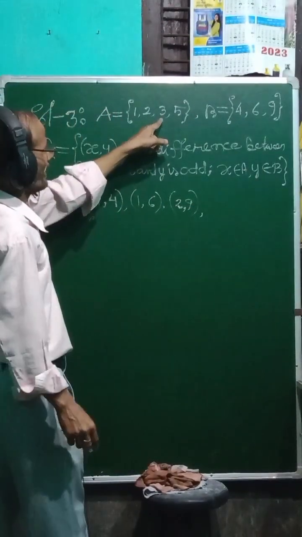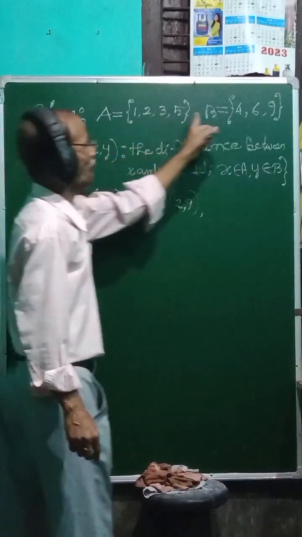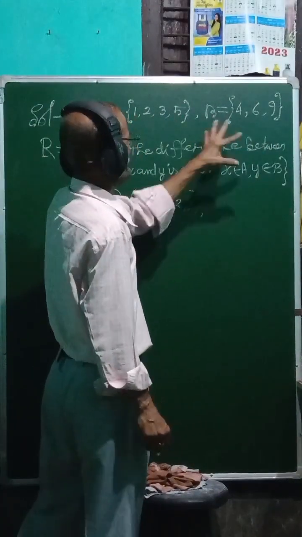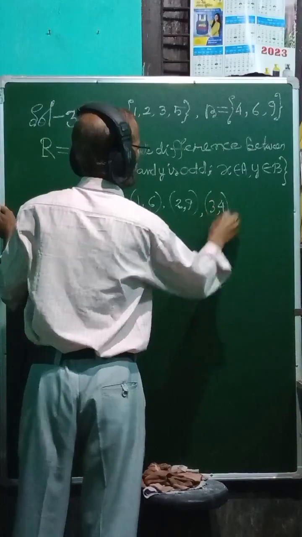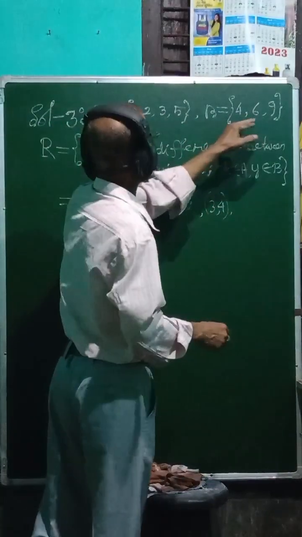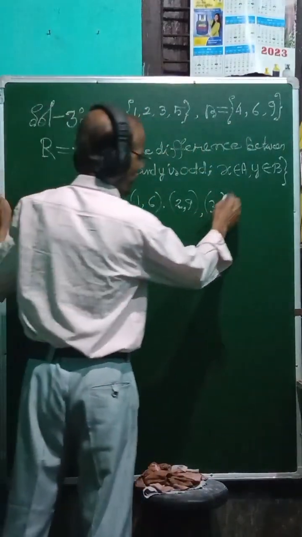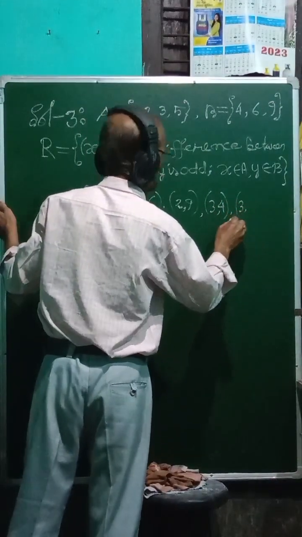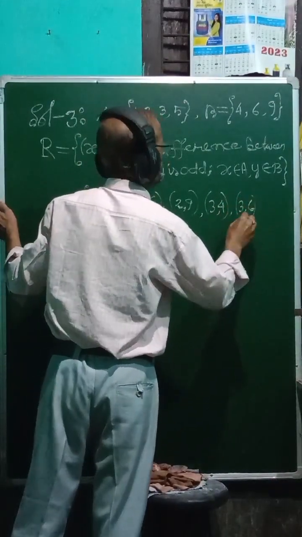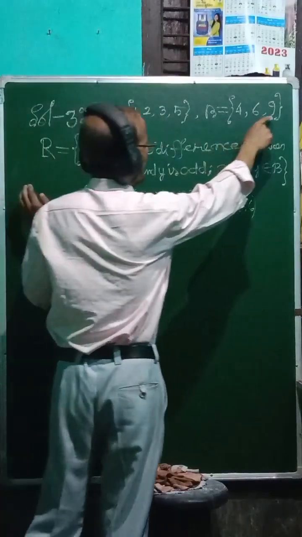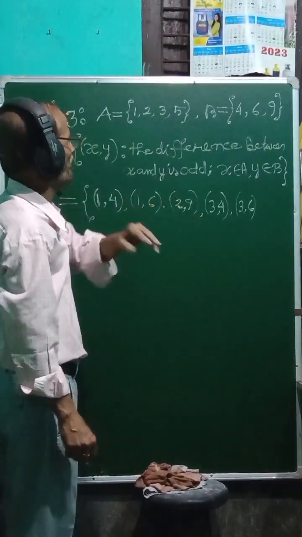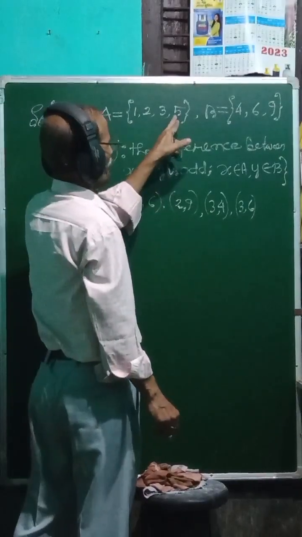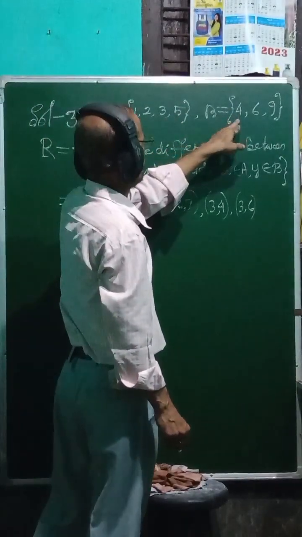Then come to 3. Compare these 3 with all of them. 3, 4, difference 1. So 3, 4 I can take. And then 3, 6, again difference is 3, odd number. So 3, 6. And then 3 minus 9 will be minus 6, which is even. Now come to 5. 5 minus 4 is equal to 1.